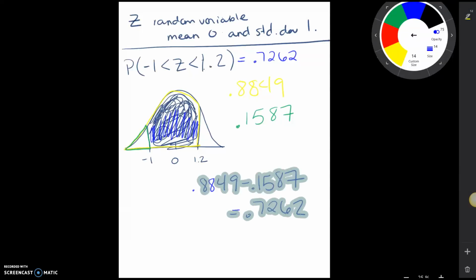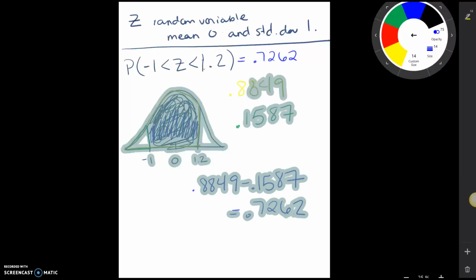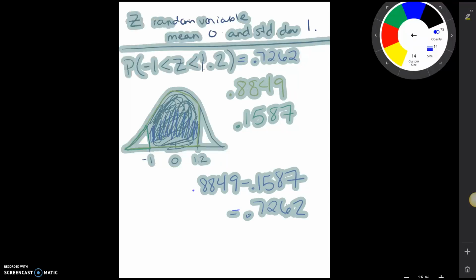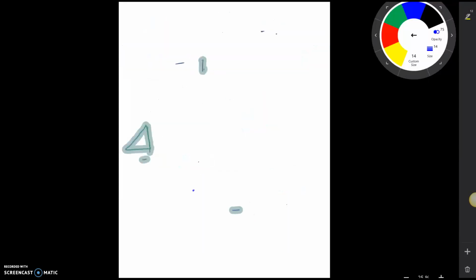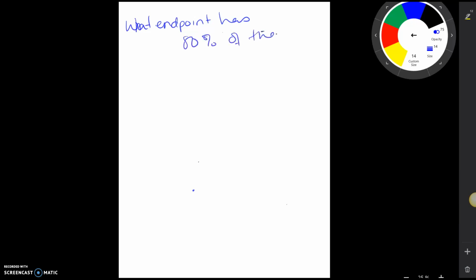Okay, let's look at another type of problem. For all of these, we're given the endpoint and asked for the corresponding area, but it's completely possible that we could be given the area under the curve and asked to find the endpoint. So for example, we might say, what endpoint has 80% of the area above it?